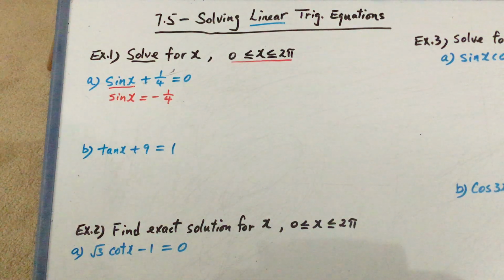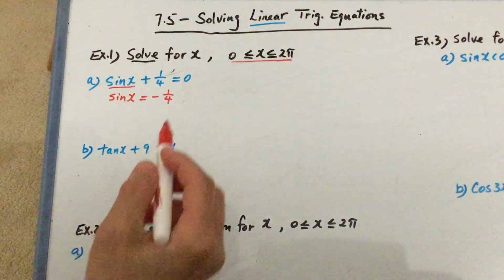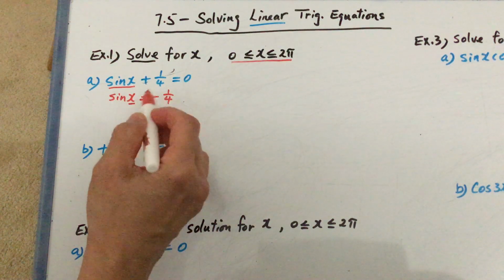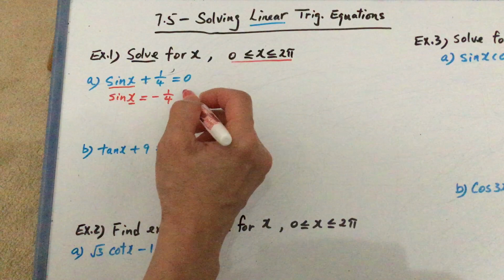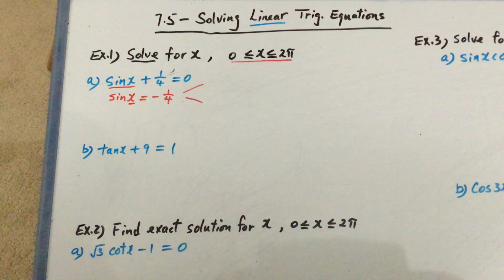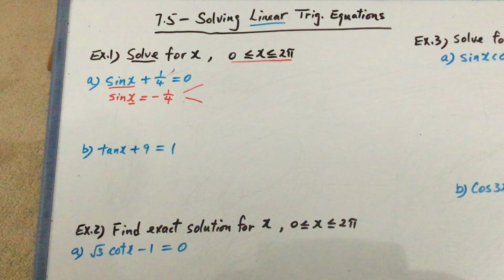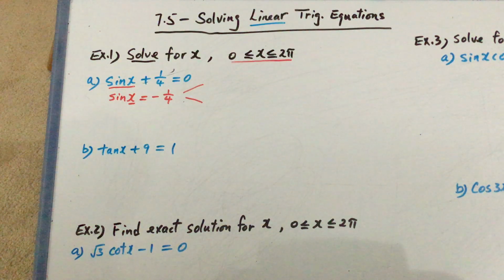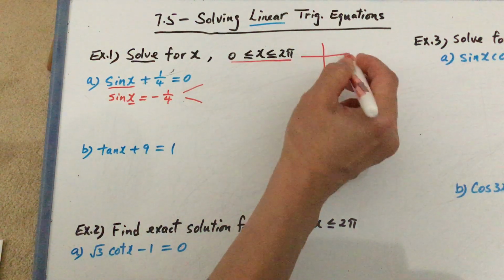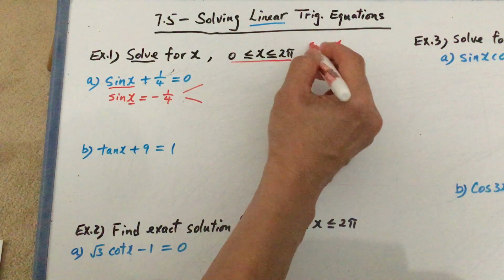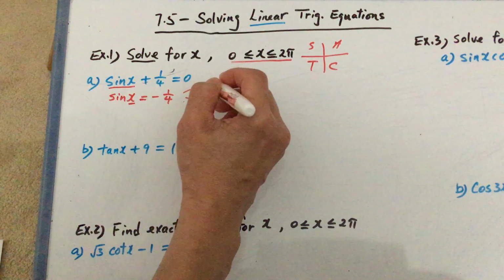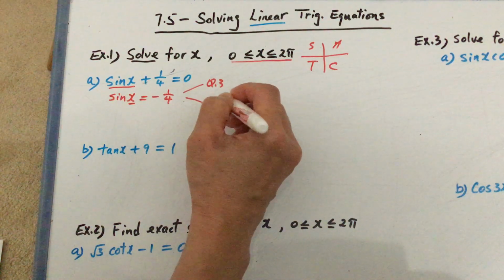Now, with that, think about it: sine of an angle is equal to this ratio, a negative ratio. I hope everyone still remembers, according to the CAST rules, that there are always two quadrants that will give you a positive or a negative ratio. So if you look at the CAST, then we will know that sine will be negative in quadrant 3 and quadrant 4.